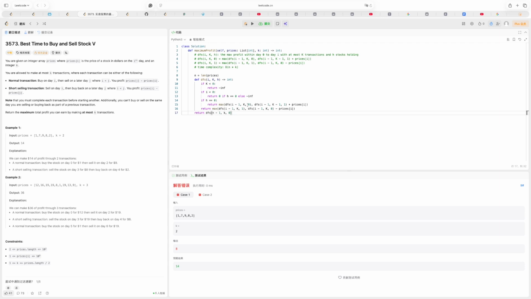H is 0, it will be do nothing, so the K remains, and this is selling 1 stock. Did I misunderstand the question?